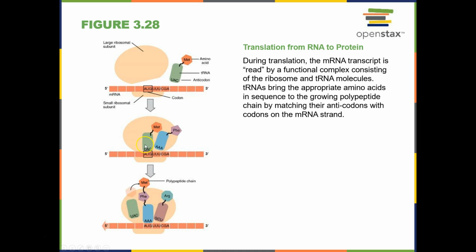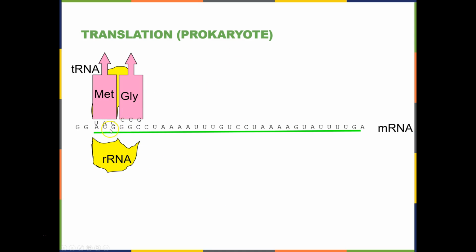The first transfer RNA is going to leave to go pick up another amino acid. The second transfer RNA gets moved into the first site, and then we end up with another transfer RNA coming in with its amino acid and the anticodon. And we form another peptide bond between phenylalanine and arginine. This is going to occur all the way down.